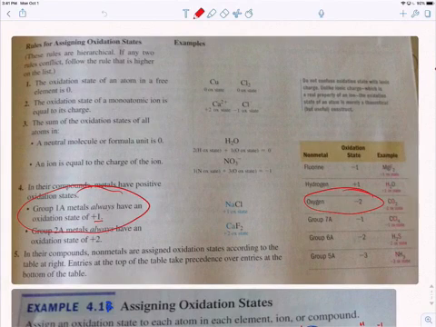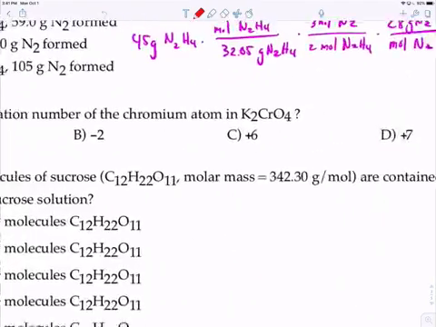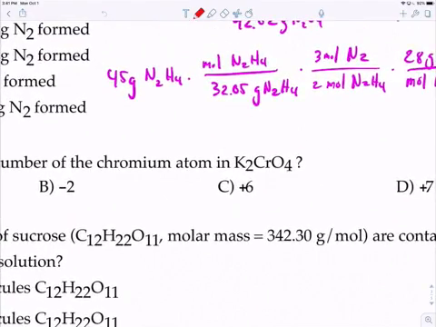You will have those at your disposal. So the chromium atom, and it's going to be 0 is equal to 2 times potassium plus chromium state plus 4 times oxygen.